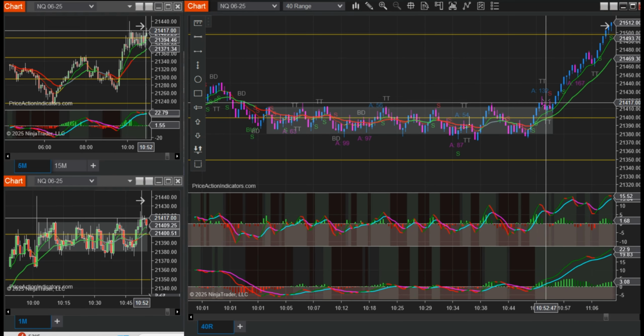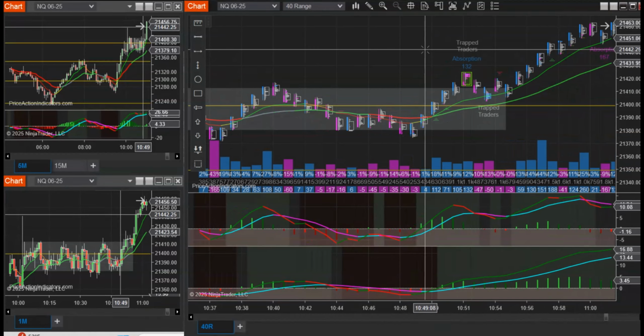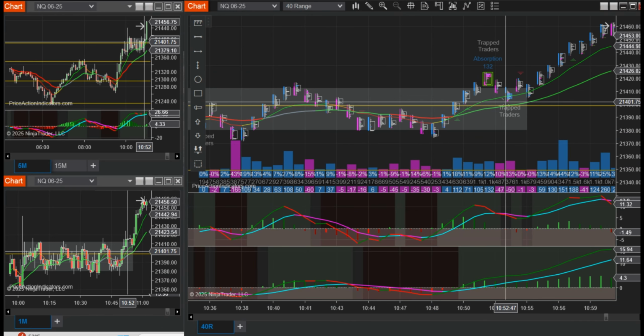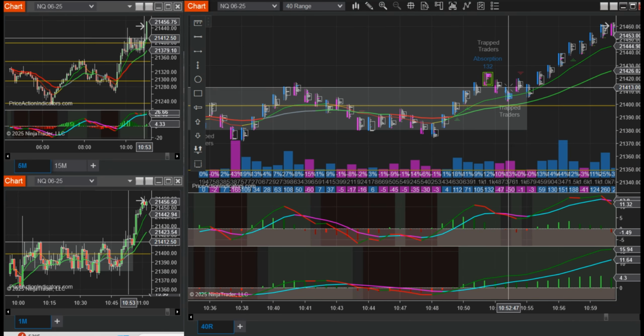Let's pull this in. Now, as this pulled back in, we got trap traders here, no signal. All right. This bar here, we had negative delta. The MACD line ended up sloping up and turned green. We're above here.